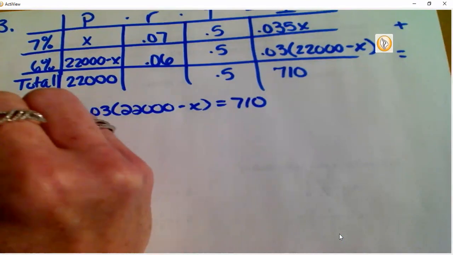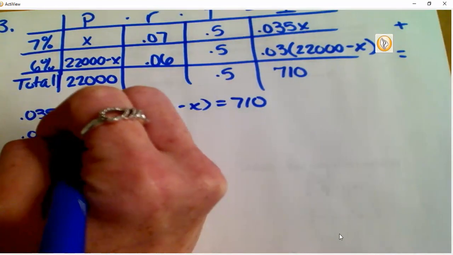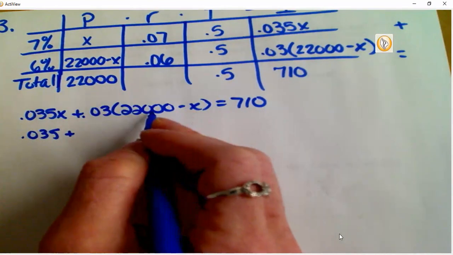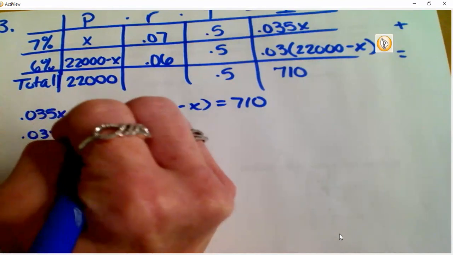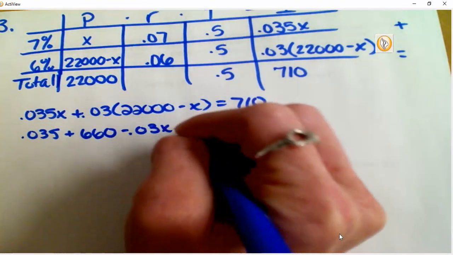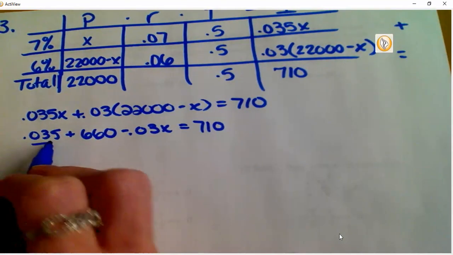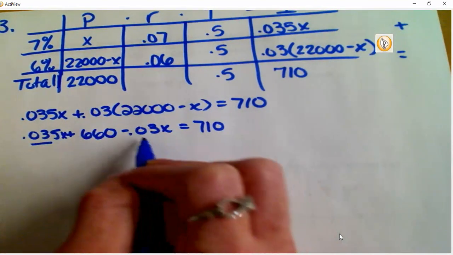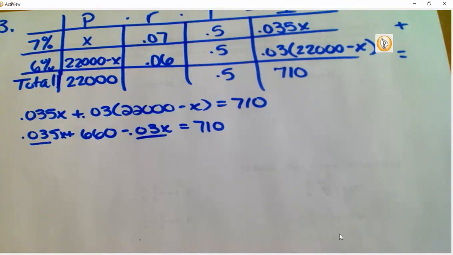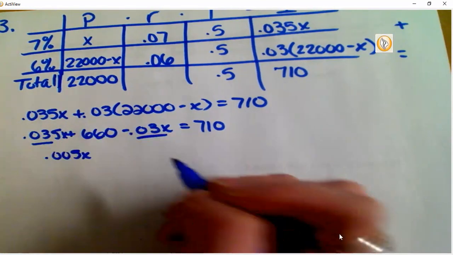All right, distribute my 0.03. And what does that give me? 660? Like terms, 0.035x minus 0.03x, 0.005x.